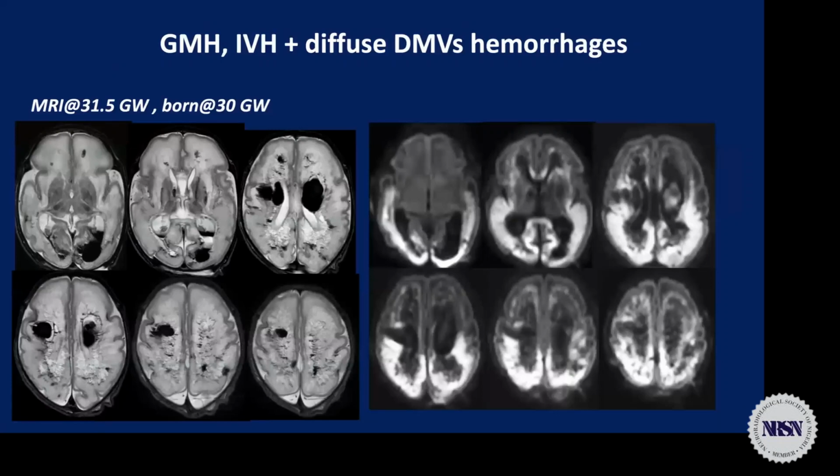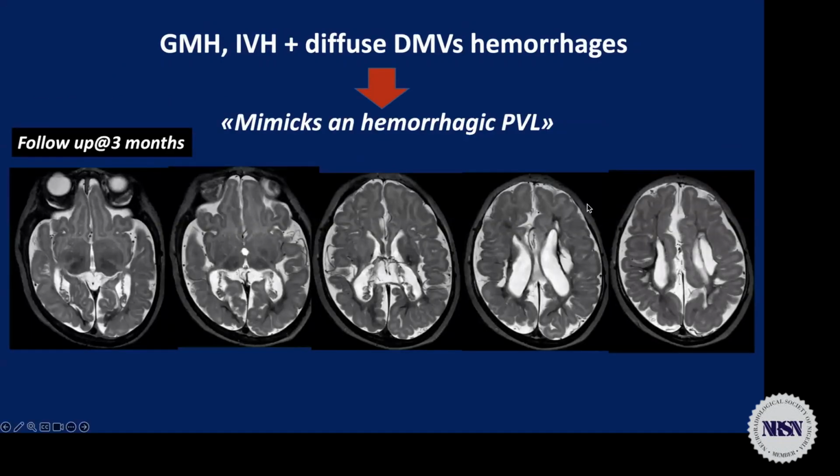And what is interesting, in the follow-up, this dramatic end stage of this lesion can mimic the so-called periventricular leukomalacia, but it's not a periventricular leukomalacia. This damage is originally a hemorrhagic damage.